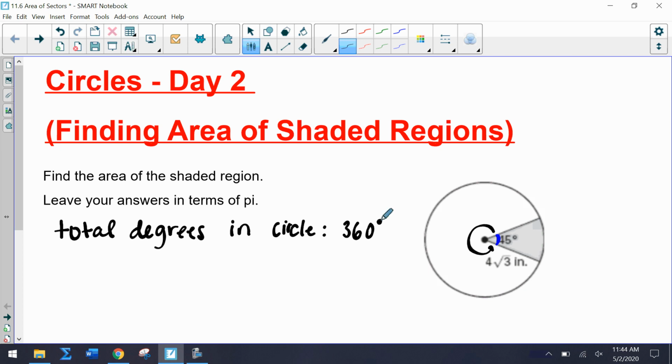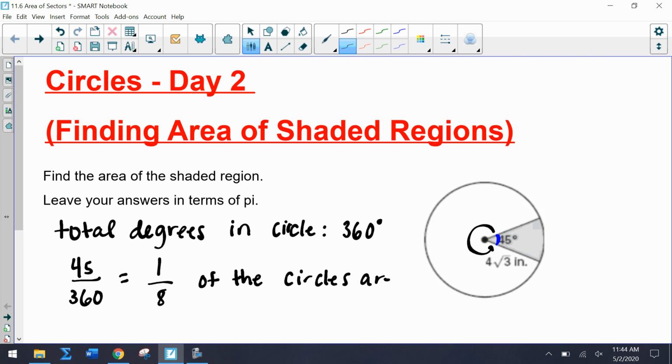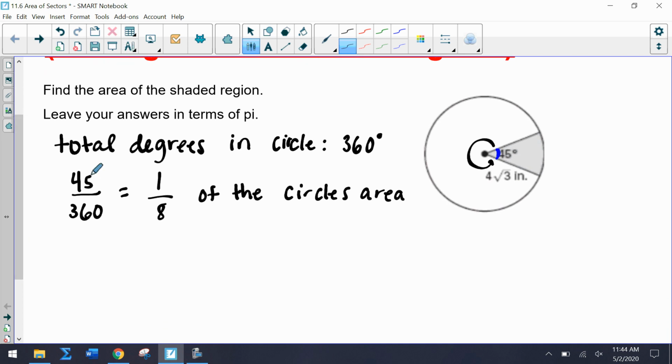So if the shaded region is only taking up 45 degrees of the 360 degrees, and when we reduce that, that represents an eighth of the circle, an eighth of the circle's area. So the shaded region over the total can give us the fraction of the circle that is shaded.